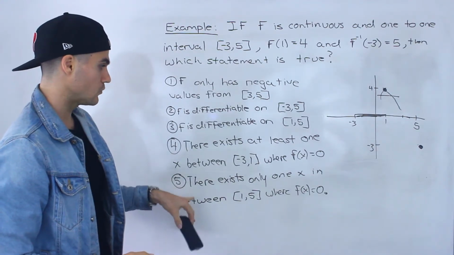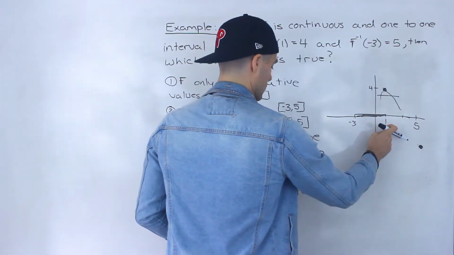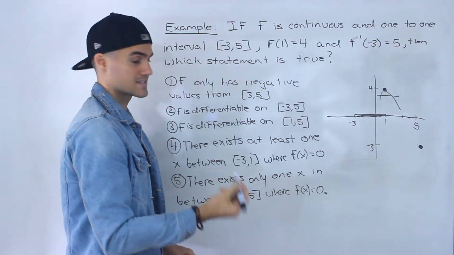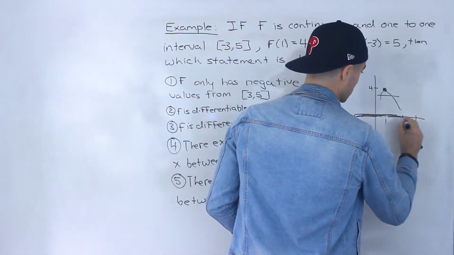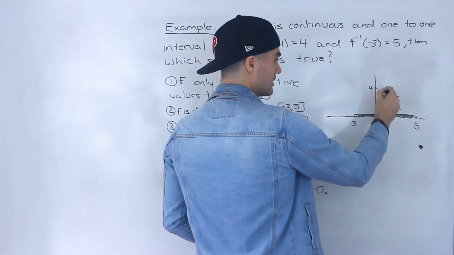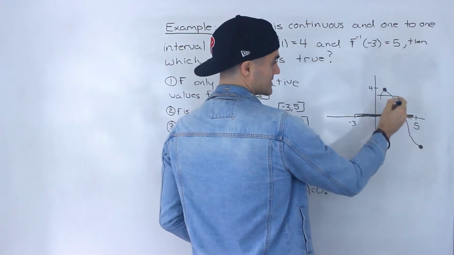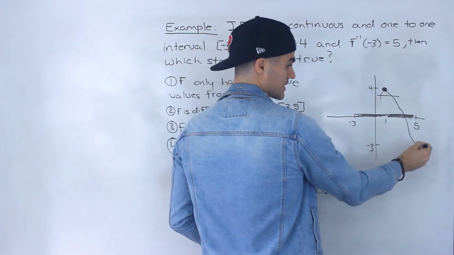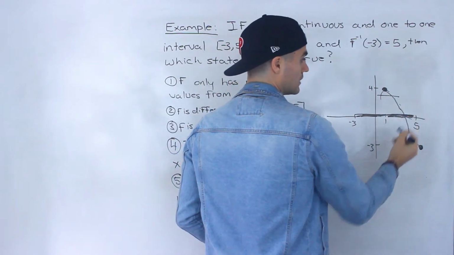There exists only one x in between 1 and 5 where f(x) is 0. And that statement ends up being true, because between 1 and 5 here, this function has to cross the axis at some point. To get from this point to here, if the function is continuous, it's got to cross at some point.